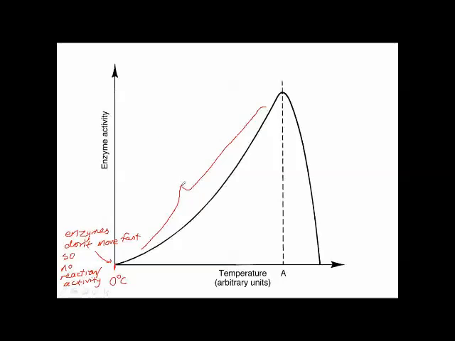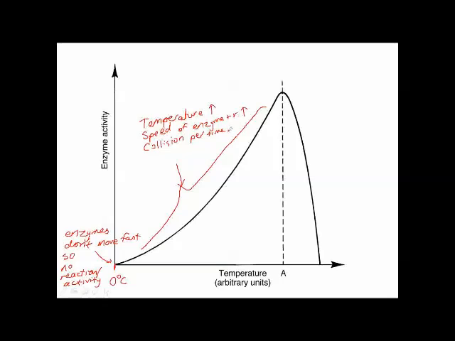So at this point here, temperature is increasing. When the temperature increases, the speed of enzyme and reactants increases as well. And when the speed increases, there are more collisions per unit time.